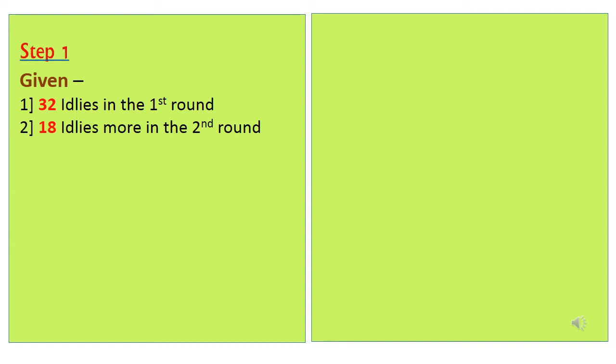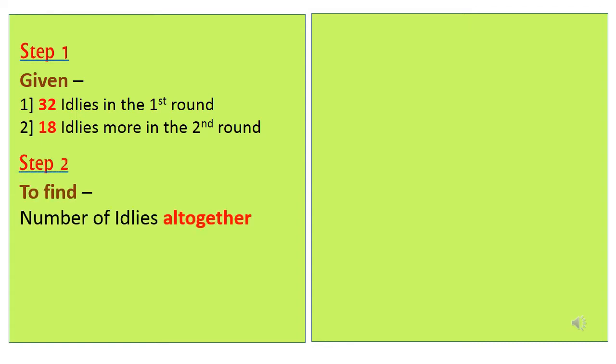She made 18 idlis in the second round. Step 2 is to find. Here we have to find how many idlis Shanaya's mother made altogether. Step 3 is operation. We have to count number of idlis altogether, so we will do addition.